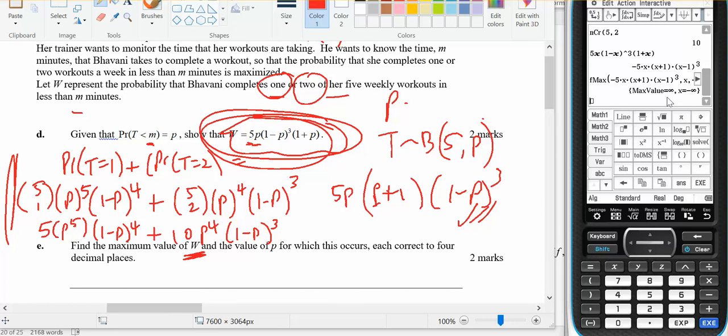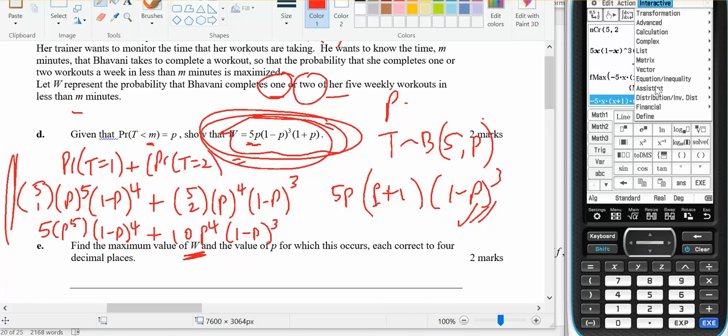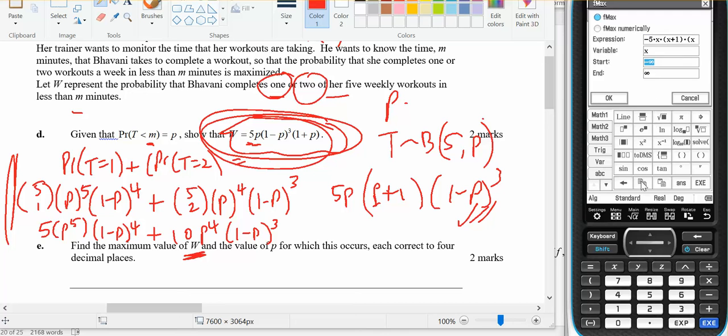And I'm told that the maximum value is at infinity, but I know that p can only go from 0 to 1, can't it? So if I come back up here and grab this again, calculation fMax, my lowest has to be 0 and my highest has to be 1 because x is p.